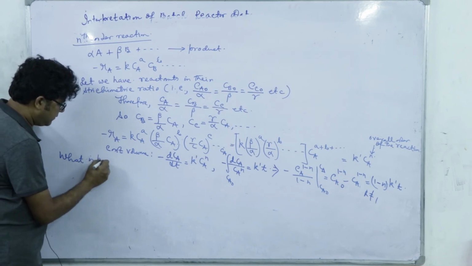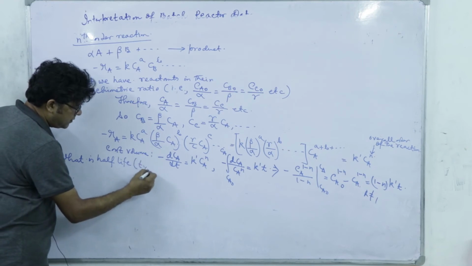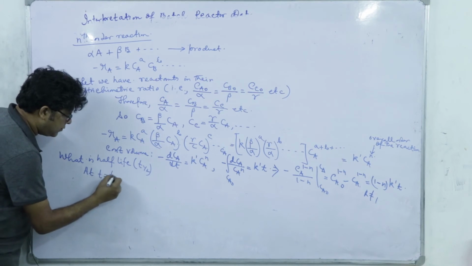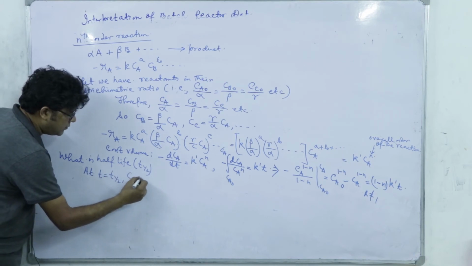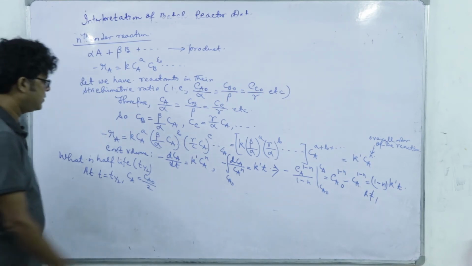What is half-life? It is represented as T half. At t equal to T half, the present concentration becomes half of the initial concentration.